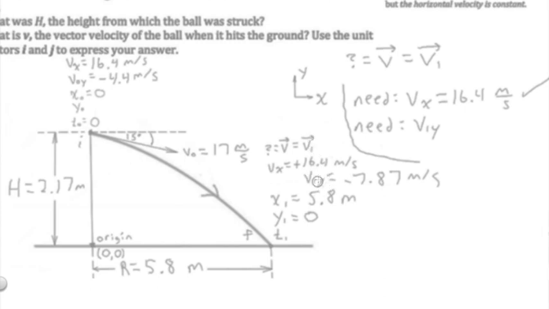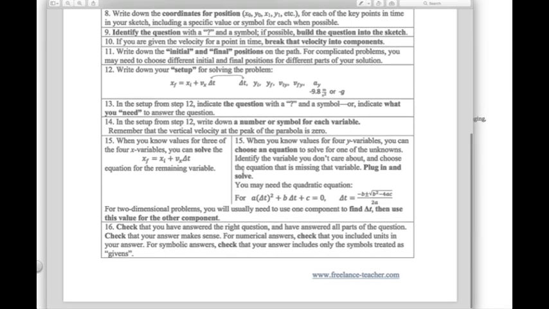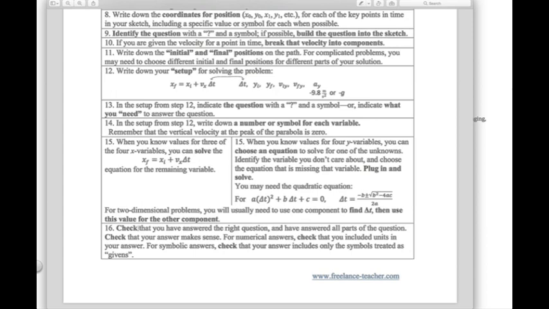We need to know the y component in order to solve the problem, so this is correct. But I shouldn't have used the y subscript here because this is supposed to represent what the question is directly asking us for. I wrote that correctly up here. So this was a case where I failed to use the exact right subscript, so I guess I'll have to keep working at that. Okay, so we've completed these checks.